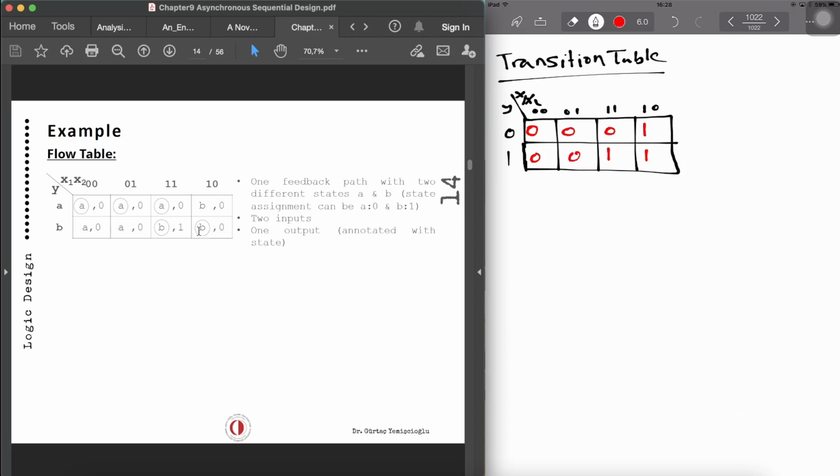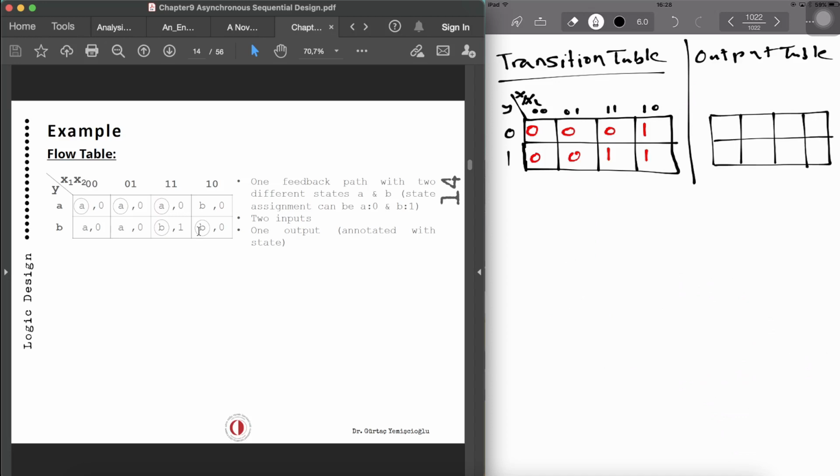For the outputs, we can actually create a separate table. You can say output table. Again, it's similar. I'm just putting them in separate tables so that analysis will be easier.